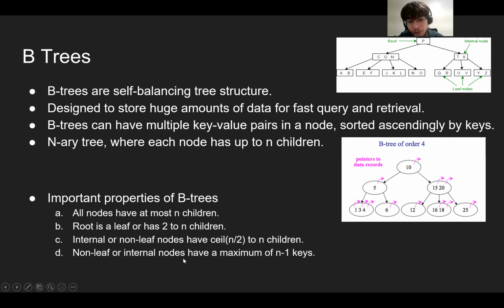And non-leaf or internal nodes have a maximum of n minus 1 keys. This allows us to know that it's not going to be just like a linked list, right? Because if n is very large, then each of the nodes actually has a fair number of keys. And L is the maximum number of key items a node can have.